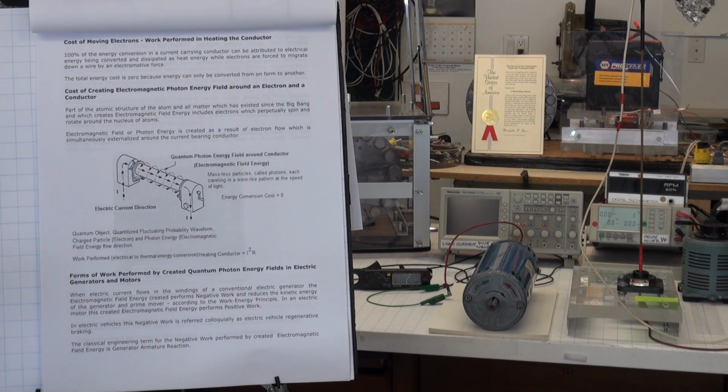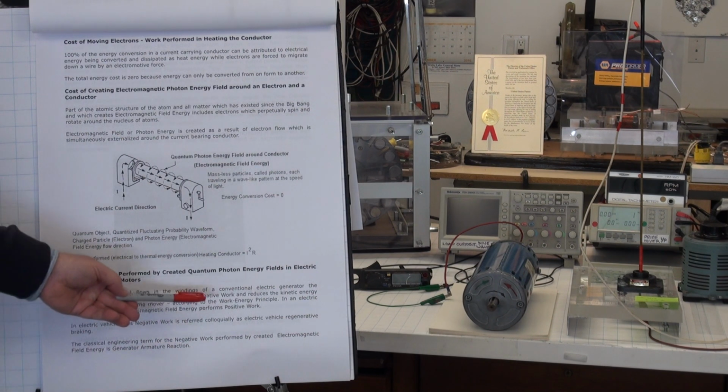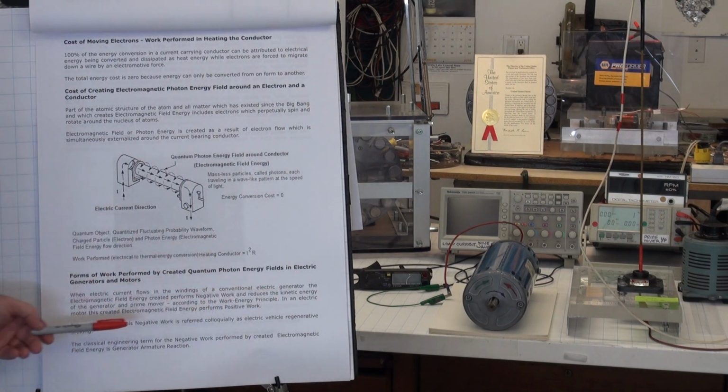Forms of work performed by created quantum photon energy fields in electric generators and motors. When electric current flows in the windings of a conventional electric generator, the electromagnetic field energy created performs negative work and reduces the kinetic energy of the generator and the prime mover, according to the work energy principle.